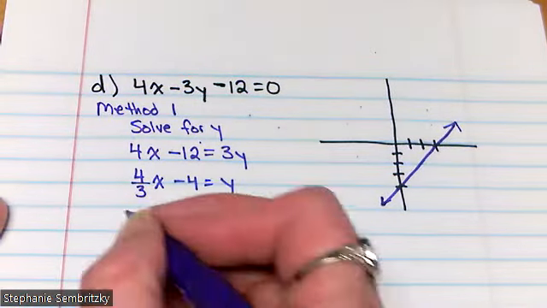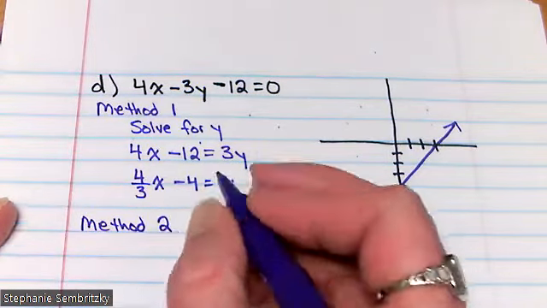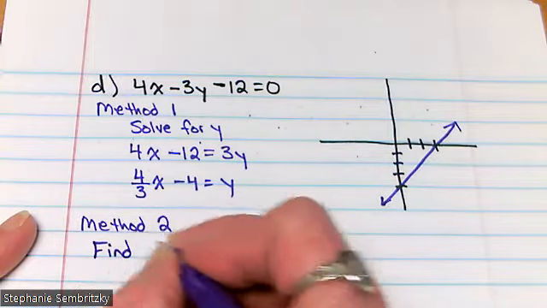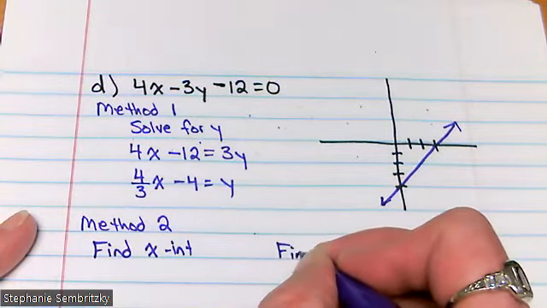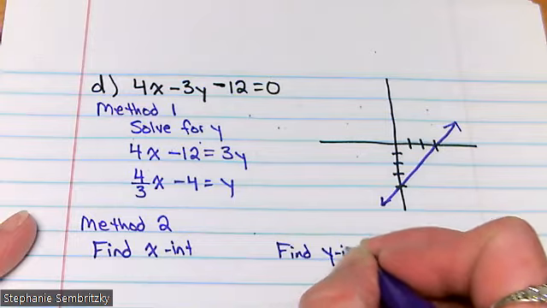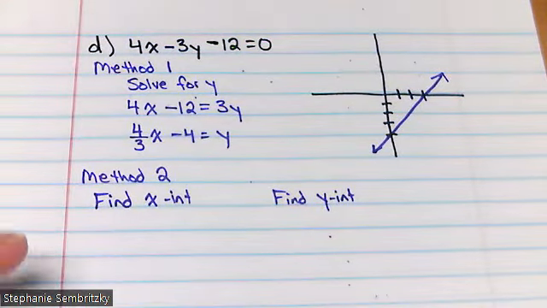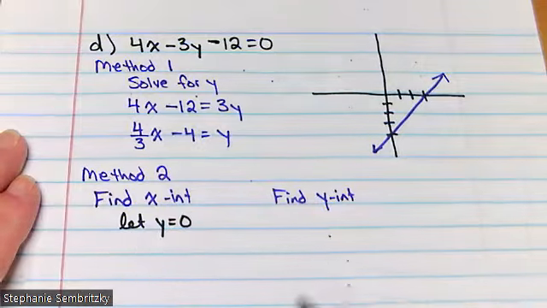The method 2 is to find the x-intercept and to find the y-intercept from the equation. So let's think about what would happen there. If you're finding the x-intercept, you let y equal 0.